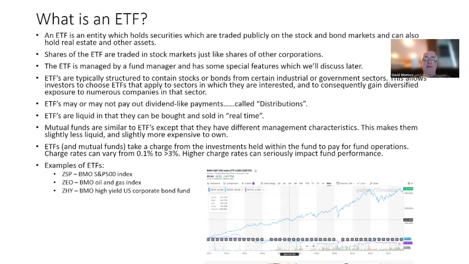ETFs are liquid in that they can be bought and sold in real time. I mentioned mutual funds as a comparison point there. And they take a charge. The fund managers will take the cost of running the fund from the assets in the fund to pay for its operations and its tax returns and the analysis that the fund managers have to do.